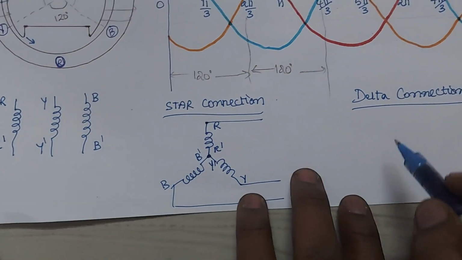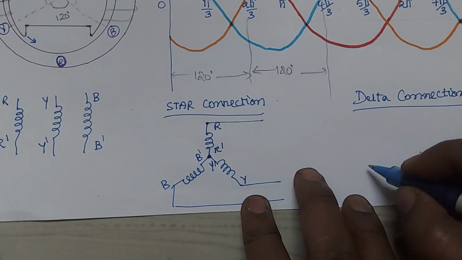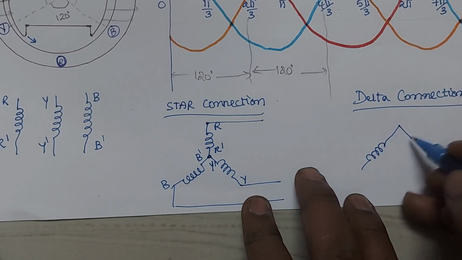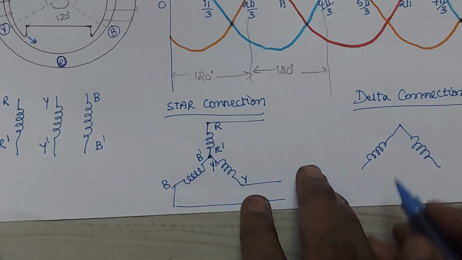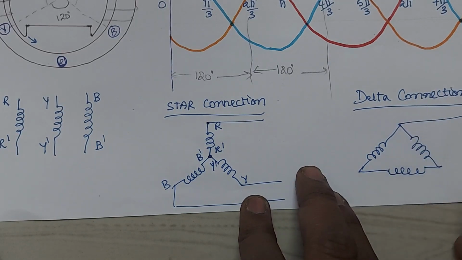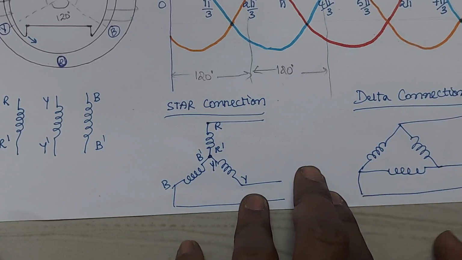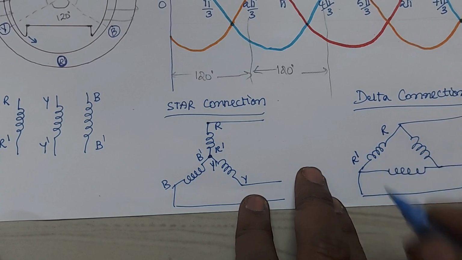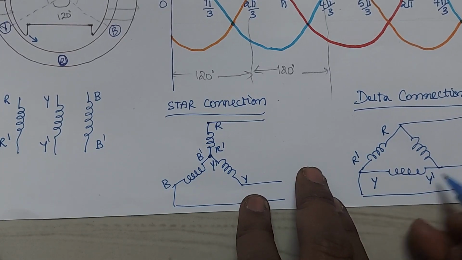Now coming to the delta connection, it is just like a three phase winding is connected in the form of delta fashion like this. Okay, now the three terminals will be brought together. Now here is an R dash, and Y dash.